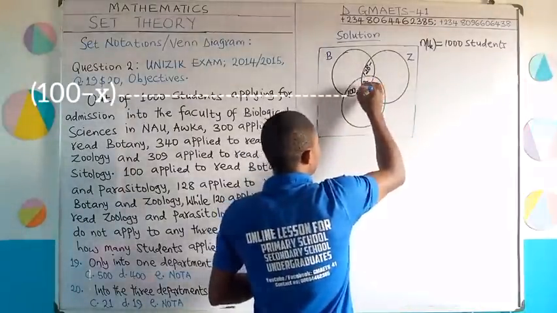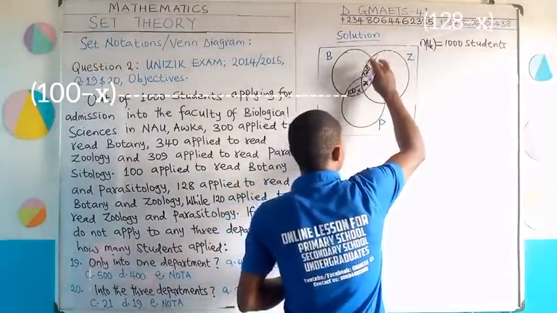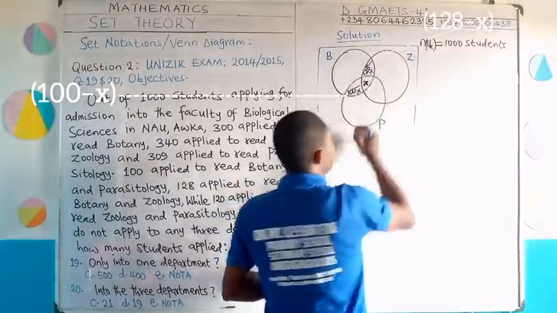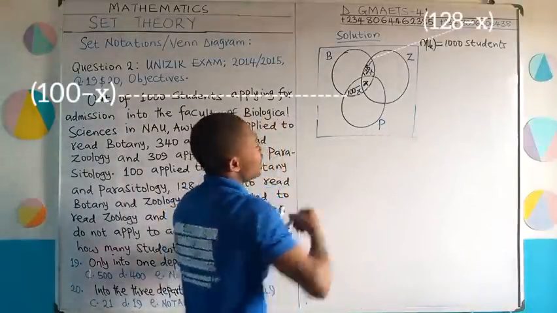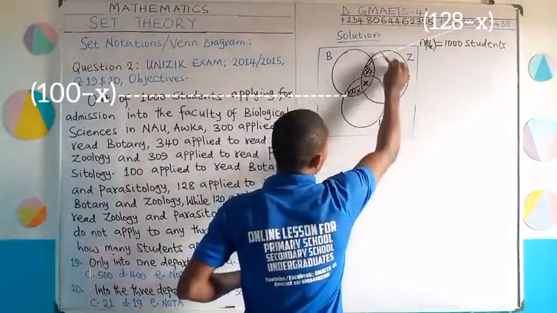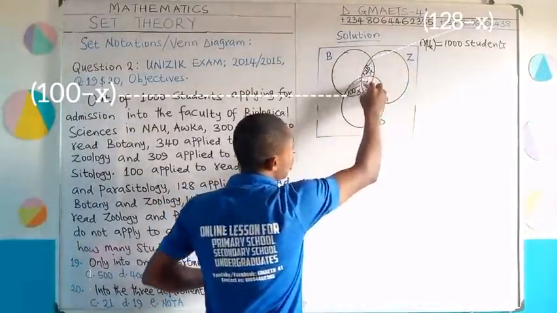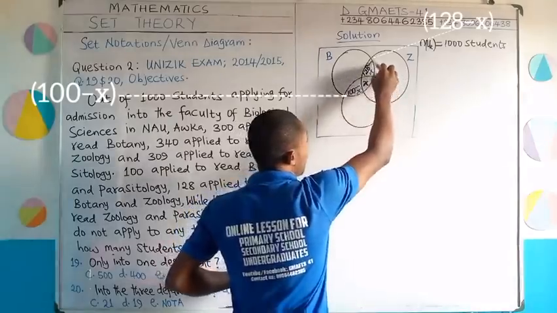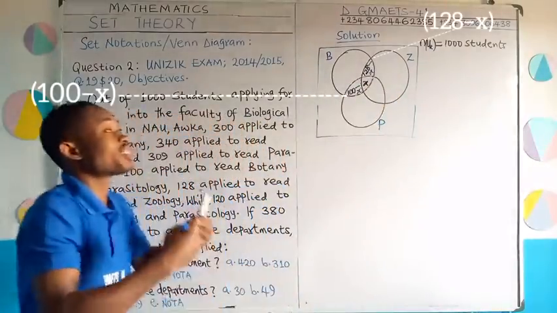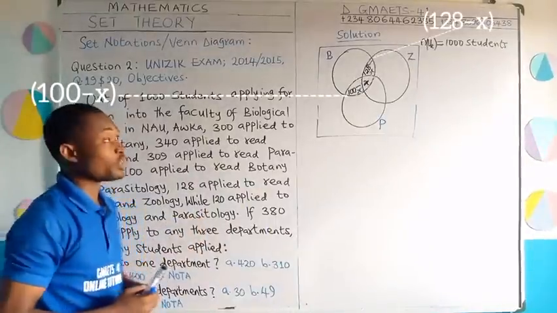Let me use the blue marker to show the subtraction. I'll subtract x from that, because once again, if you trace the enclosed part of botany intersection zoology, it covered x as well. So you need to subtract that x from that 120.